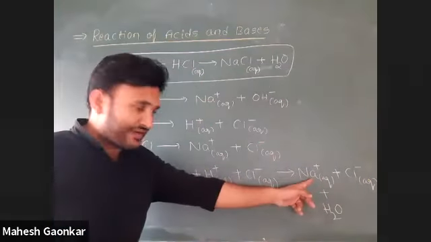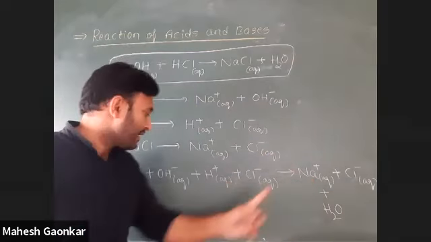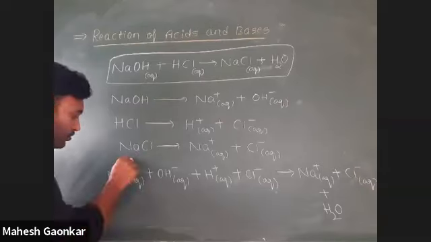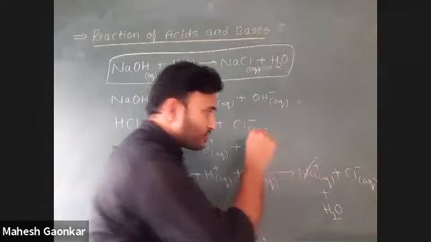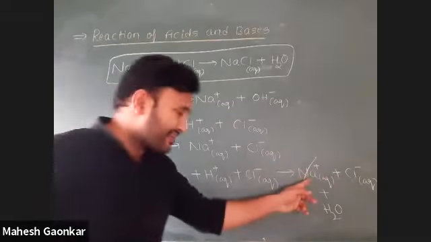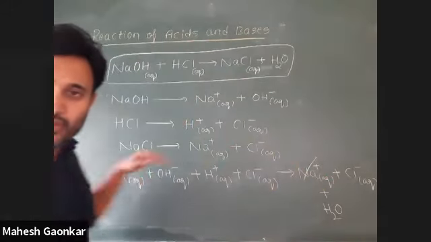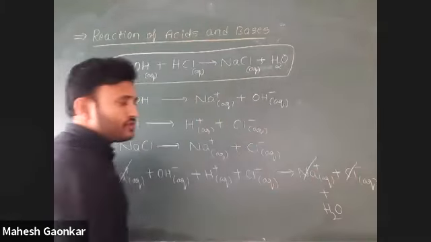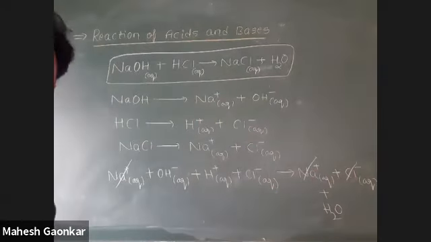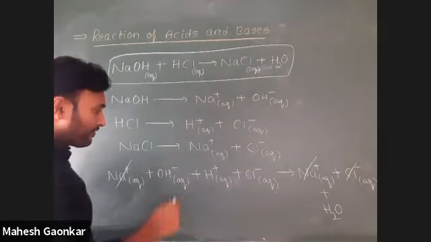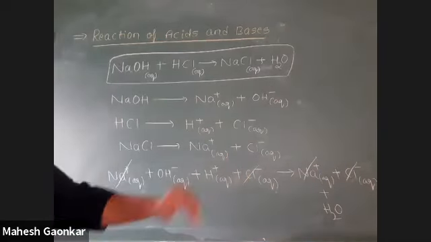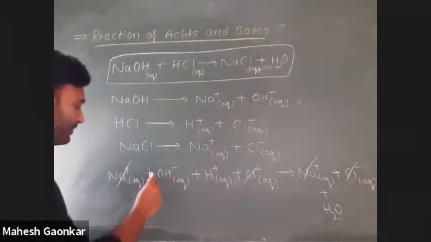The Na plus in NaCl came from Na plus from NaOH. So this Na plus and this Na plus get cancelled. Now the Cl minus present in NaCl came from Cl minus present in HCl. So that cancels out.